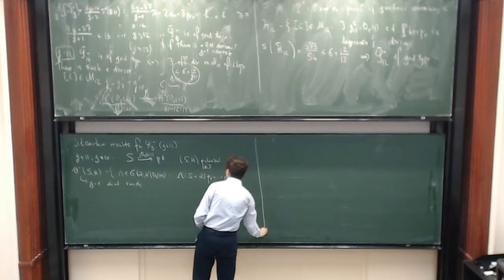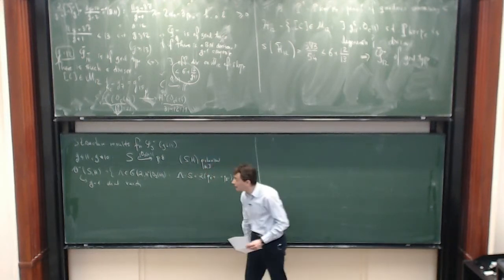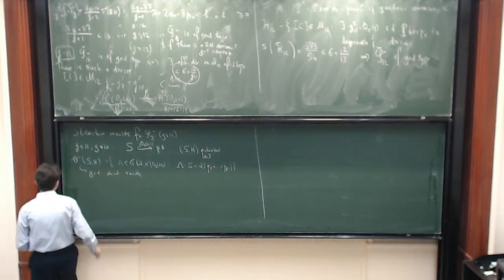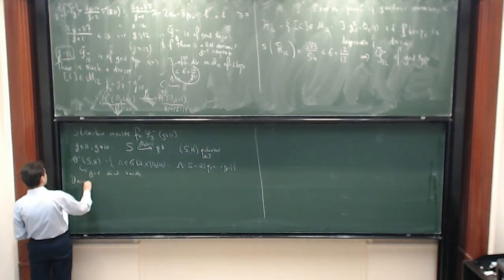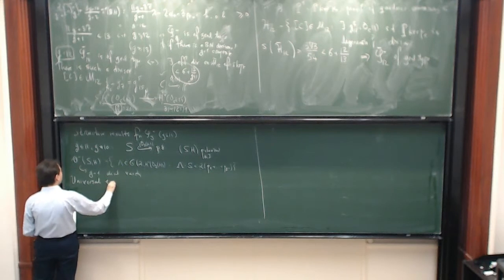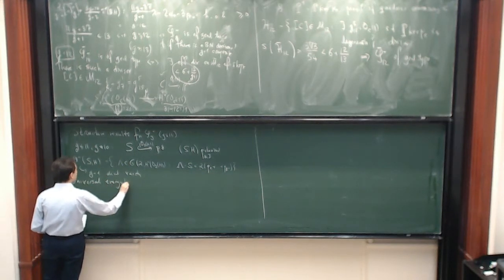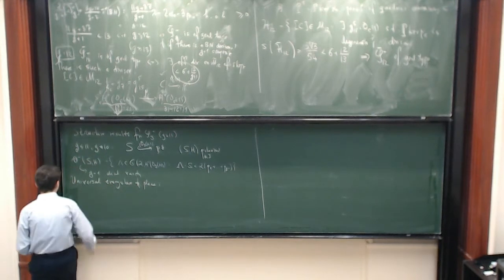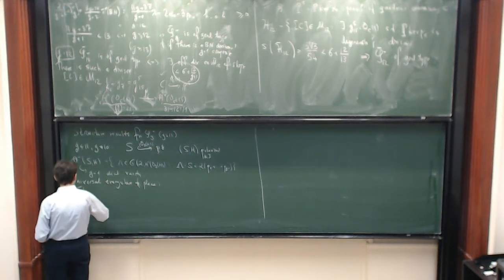And now I can, of course, look at the universal family of such things. So I can now define the universal everywhere tangent plane, if you want, of a moduli space. I will call it theta_g.